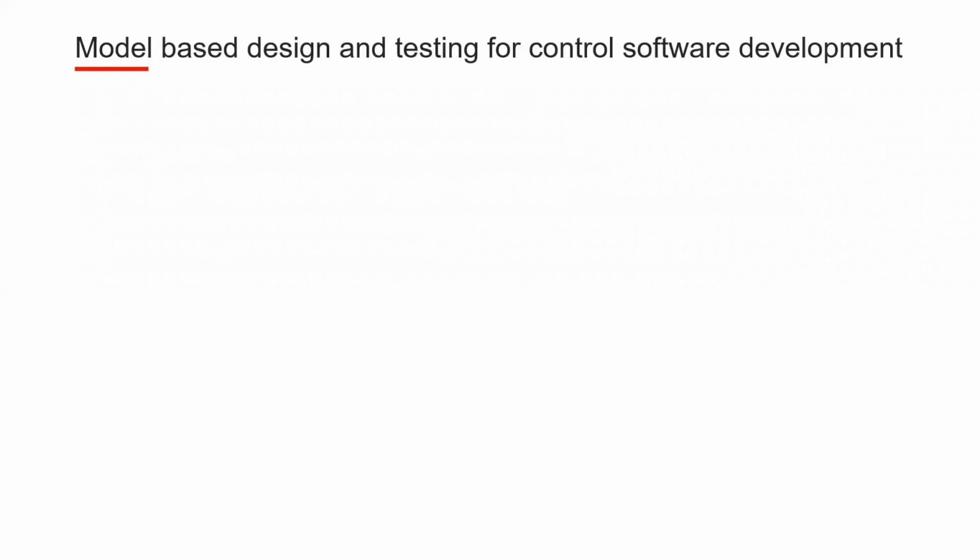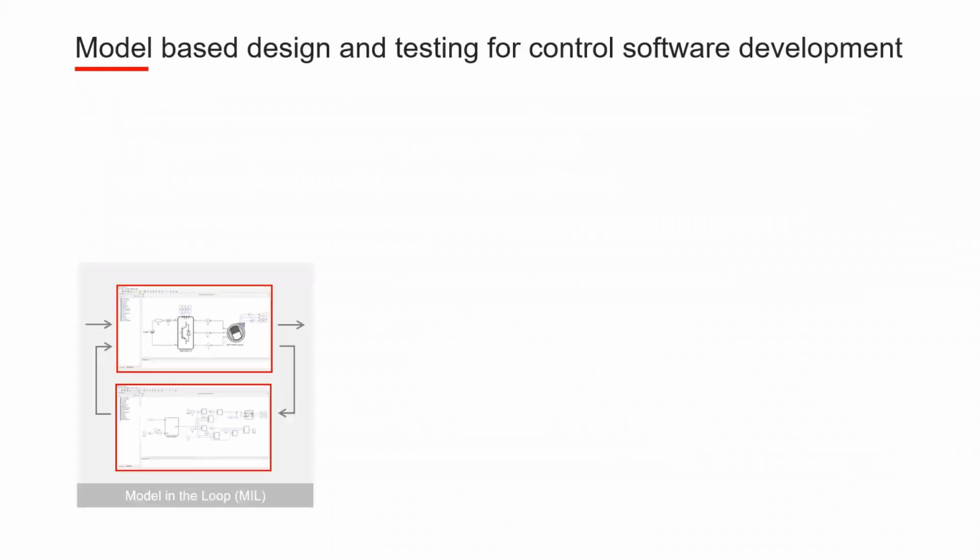Before we go any further, I'll just say a few words about what model-based control development and testing is in general. If we think of a typical electric vehicle propulsion system, how do we start with the control software development? We typically model the power stage, for example, the battery, the inverter and the machine, but then we also model the controller.